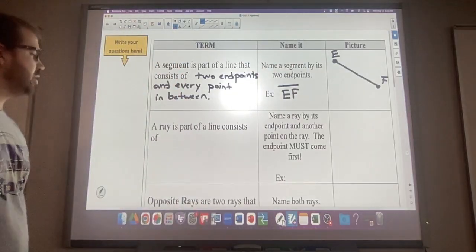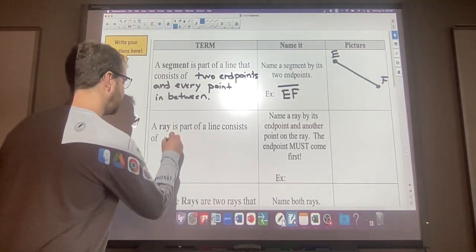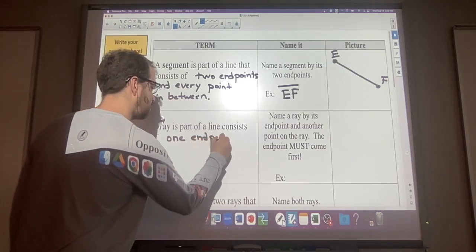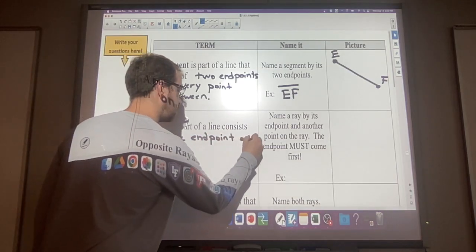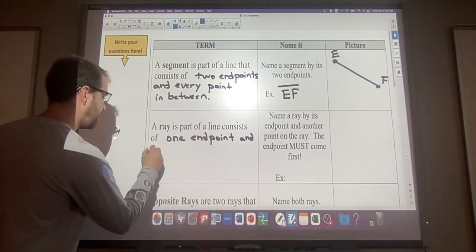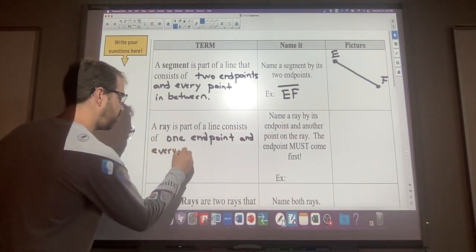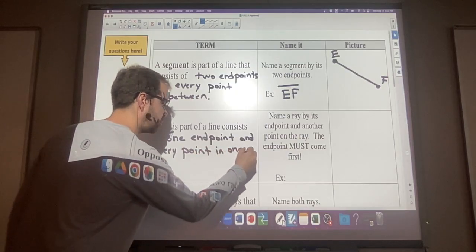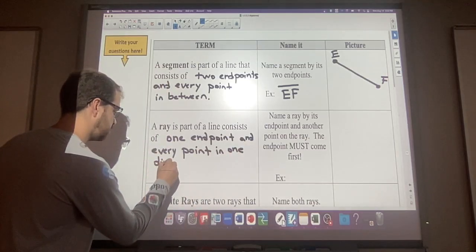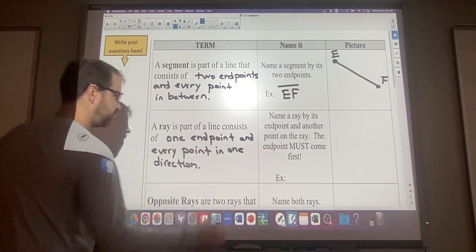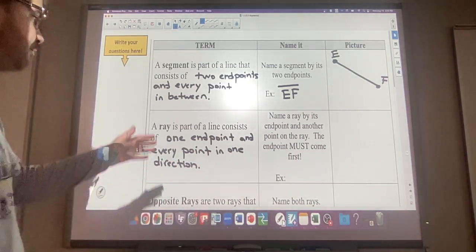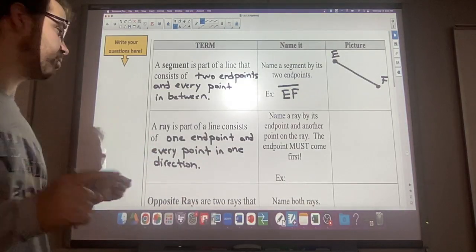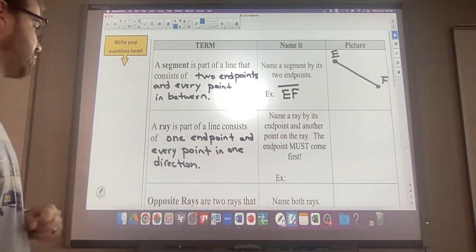All right, a ray is part of a line that consists of one endpoint and every point in one direction. Similarly, it doesn't go on forever in both directions, it goes on forever in one direction.